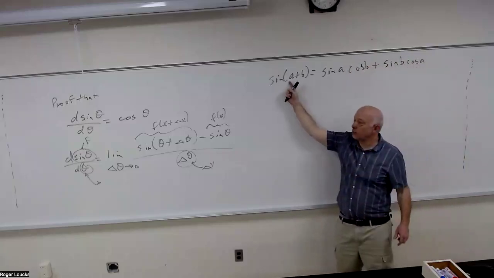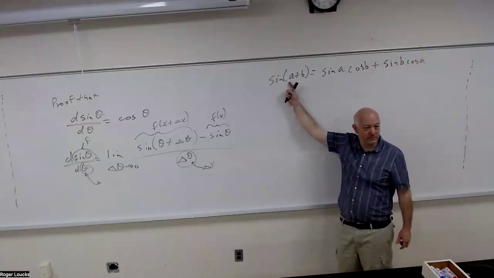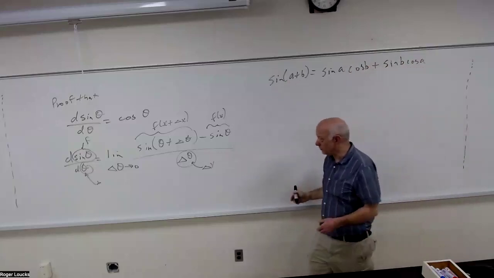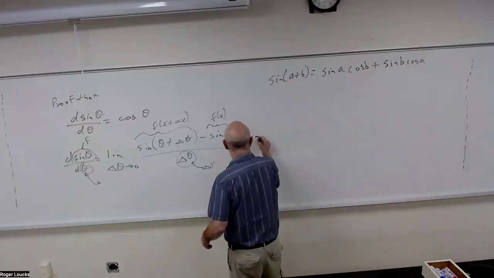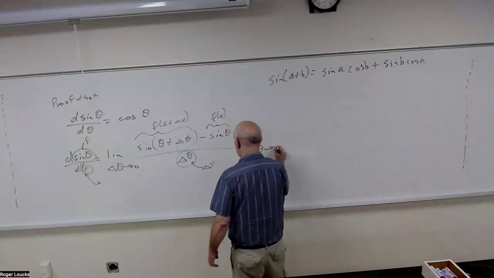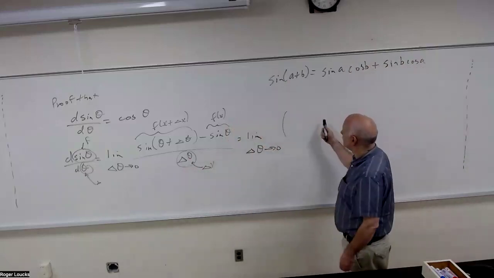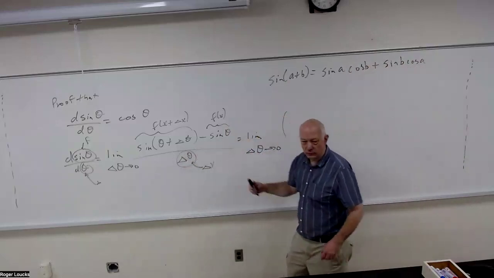In this case here, A is theta, and B is delta theta. So let's use this, as this delta theta goes to 0. Tell me what to put in the top here.